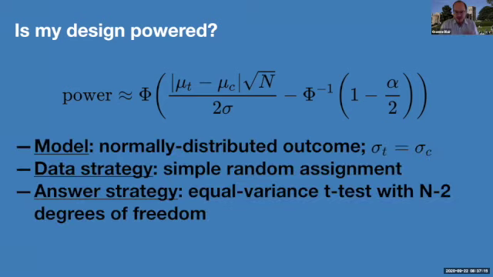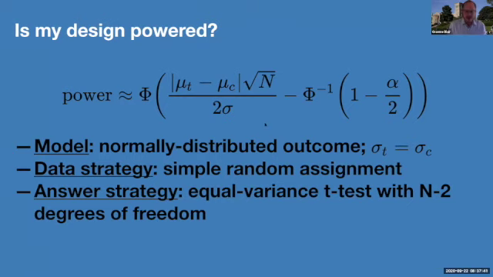This power formula makes detailed assumptions about the model, the data strategy, and the answer strategy. In terms of the model, it assumes that both potential outcomes are normally distributed. That's coming from the fact that this symbol represents the normal cumulative distribution function. So we've assumed that there's a normal distribution of the outcomes. That may or may not be true.